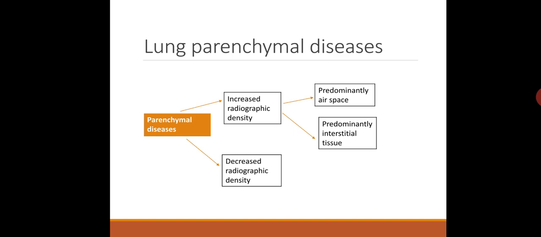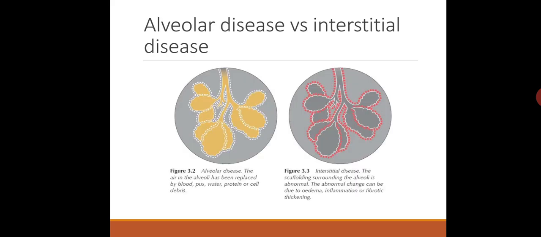And then in between the alveoli, there is interstitial tissue. How does alveolar disease look, and how does interstitial disease look?